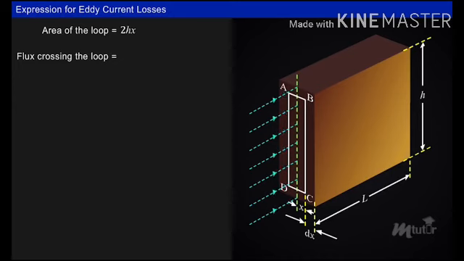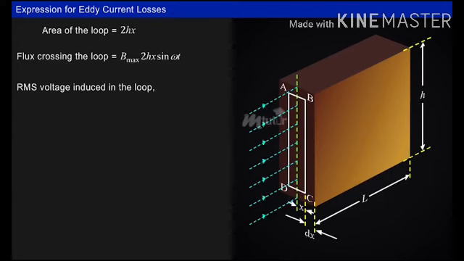Flux crossing the loop is equal to B max 2hx sin omega t. The loop may be considered to be a single coil through which time-varying flux crosses, so there will be an induced voltage in it. The RMS voltage induced in the loop, E, is equal to root 2 pi f B max 2hx.